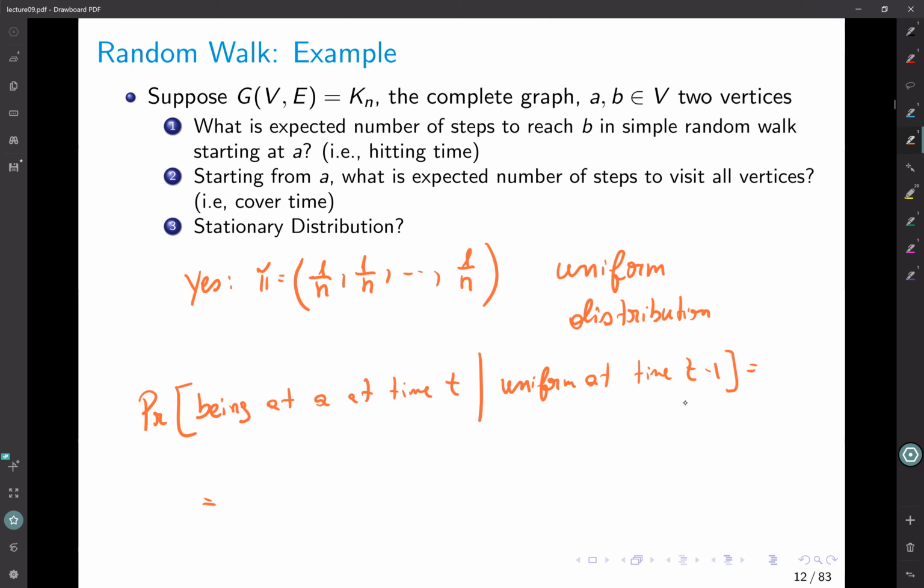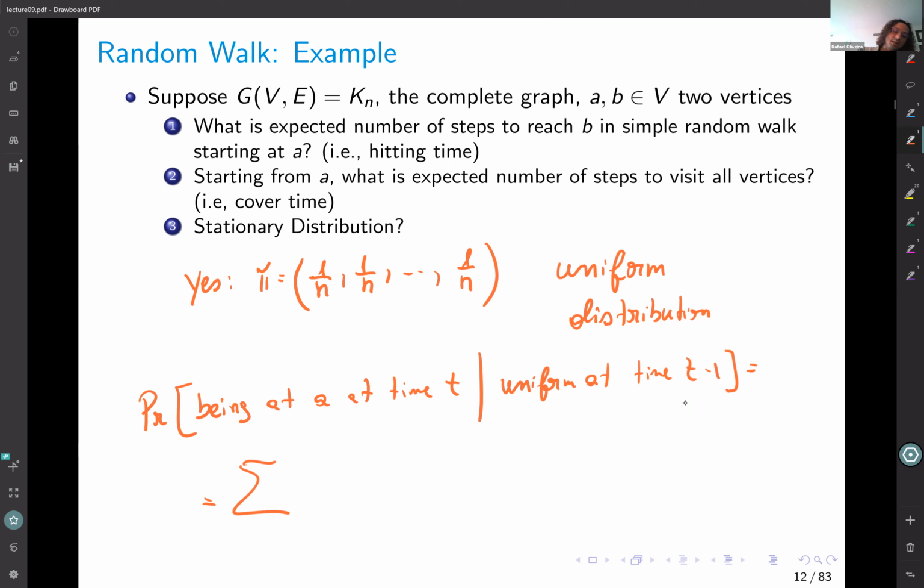If you add them all up, it has to equal 1, because I'm at one vertex, and since the vertices are indistinguishable, they should all be the same. So the argument goes through symmetry. If I'm uniform over all of them, the graph is symmetric, so it should be 1/n. That's your intuition, but how do you prove it?